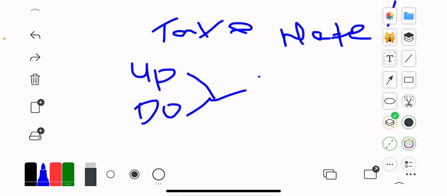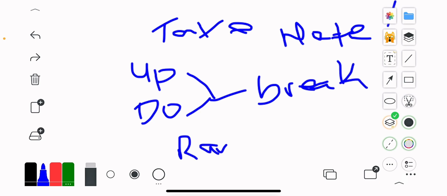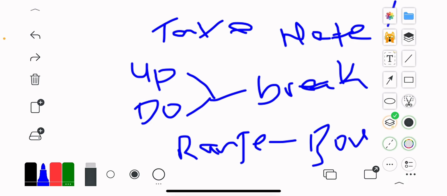We are going to be making use of the break. And then when the market is ranging, which is going sideways, we are going to be making use of the bounce. You get me?